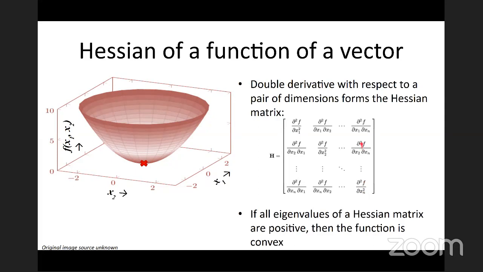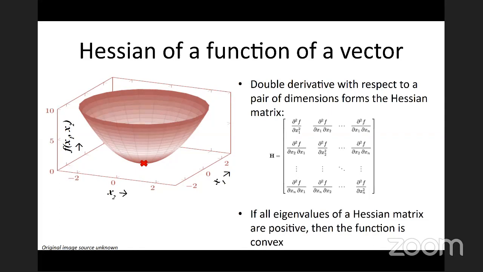The off-diagonal elements come from taking a derivative with one weight, then with another weight. So if you have 1 million weights, your matrix size is 1 million squared, or 1 trillion entries. Of course, it is a symmetric matrix, so roughly 1 trillion divided by 2, but still of the order of weights squared.